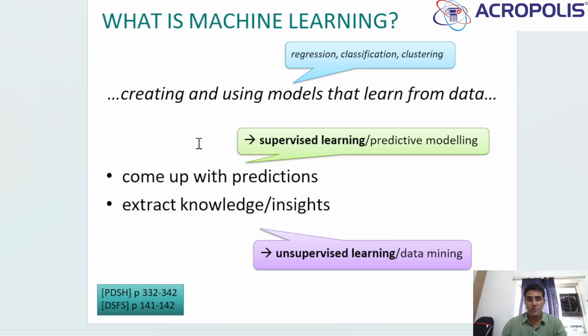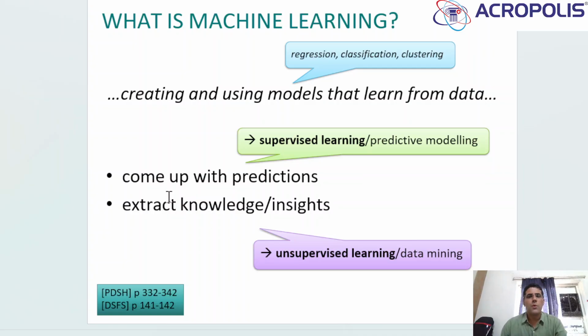Then again, talking about what machine learning is: creating and using models that can learn from data. We have gone through regression, classification, and clustering. I'll definitely deliver the content related to each algorithm in detail in the next lecture, right? There are two kinds of learning we have studied: supervised learning and unsupervised learning.